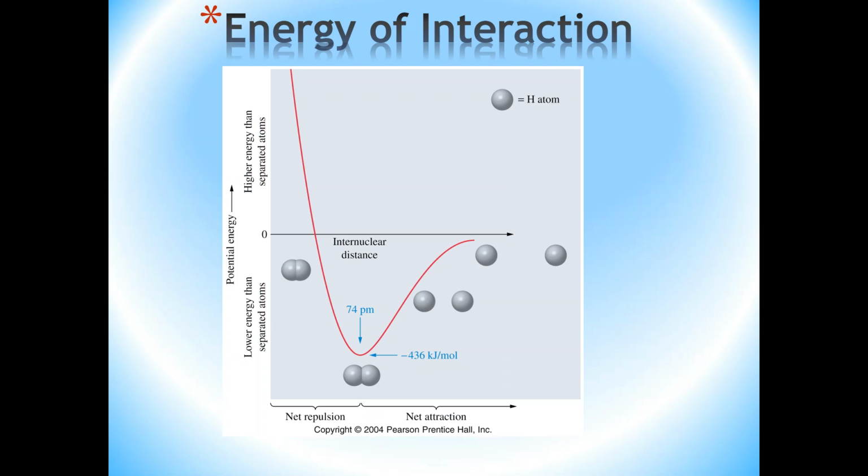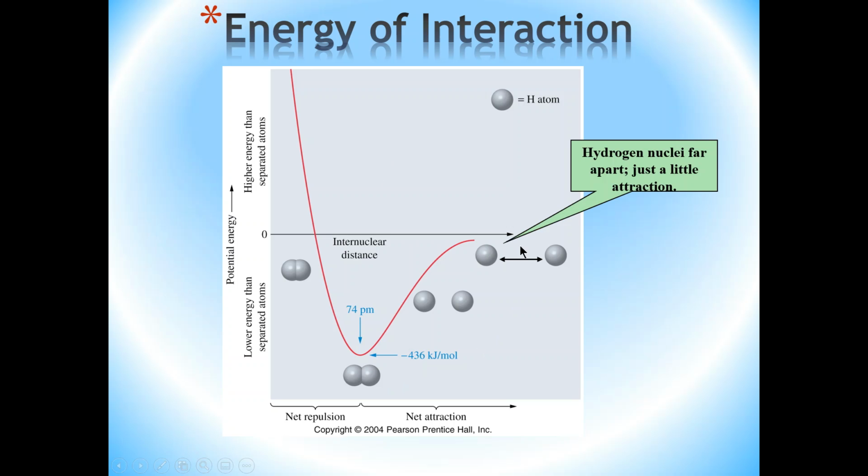Now, just to show you the type of energy changes that occur as you change the distance between the two atoms in the hydrogen molecule, let's start from this end right here. This is a situation where the hydrogen atoms are pulled far apart from each other.